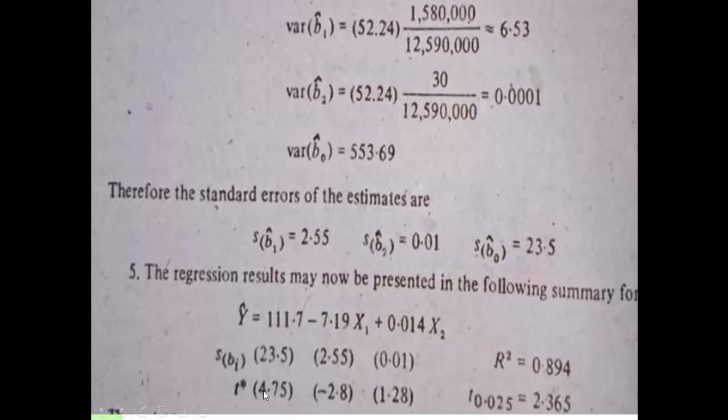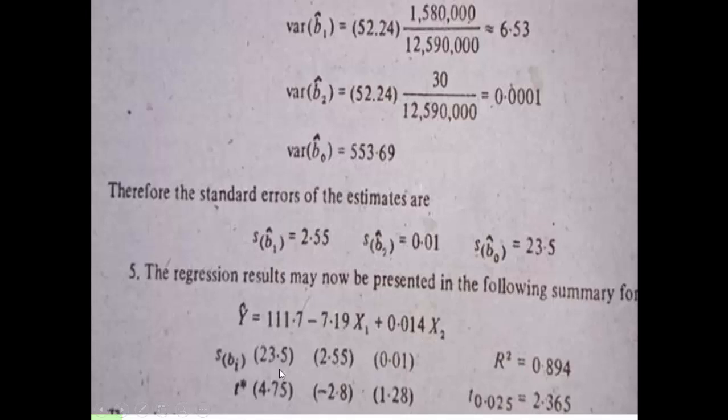So this is the calculated t for b1. We compare the calculated t's with the critical value, and we can decide on the basis of these whether the estimates are significant or not. First we come to the estimate of beta 0 hat.